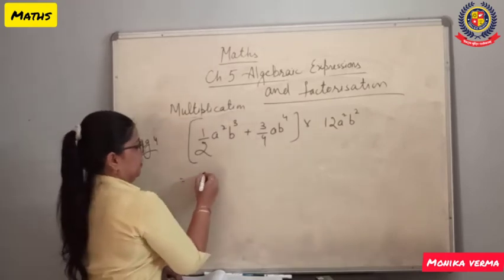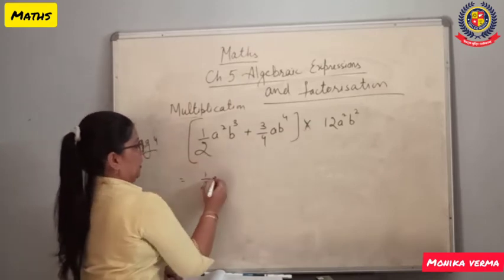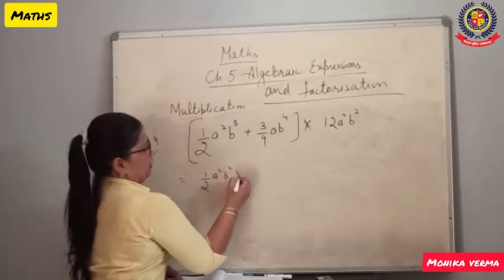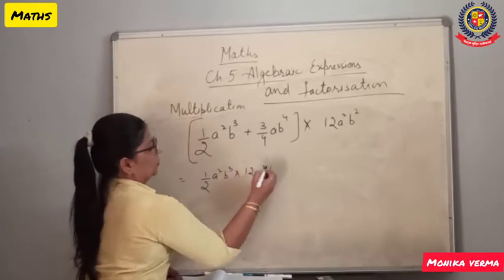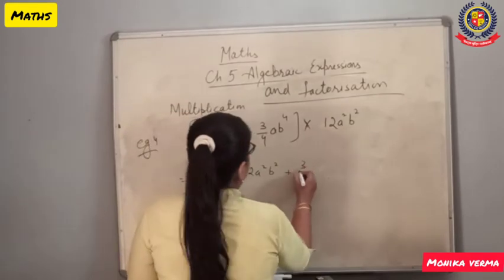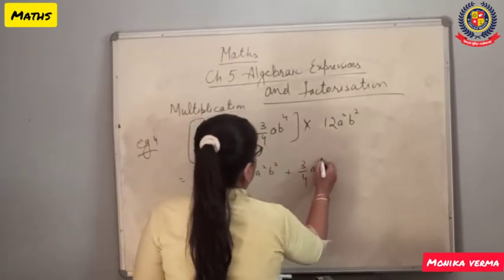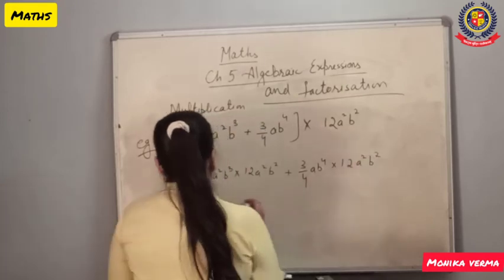Now we'll have 1/2 a² b² multiplied by 12 a² b³, plus 3/4 ab⁴ into 12 a² b².